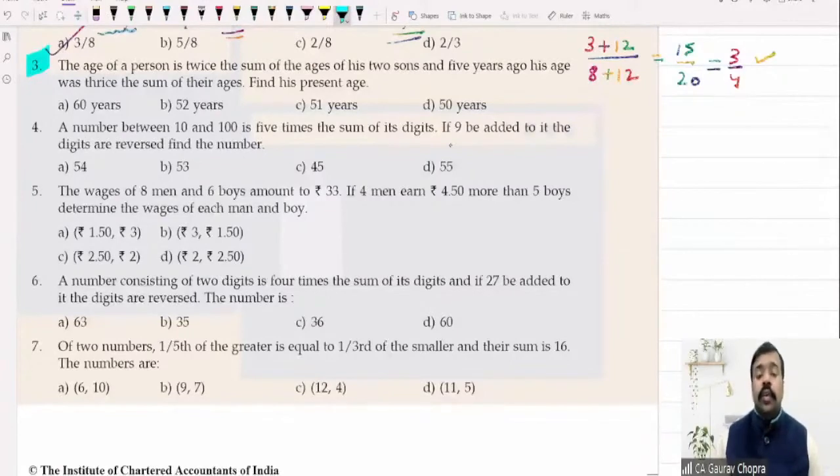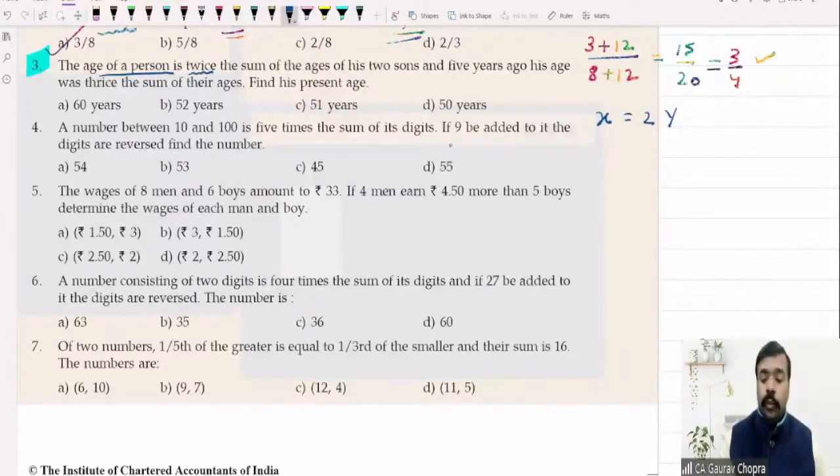Now here, either you can make the equation or you can try by thinking with the help of options. It says the age of the person is twice, that is double. If the person's age is X, it is 2 times the sum of the ages of his two sons. Y is the sum of the ages of his two sons.